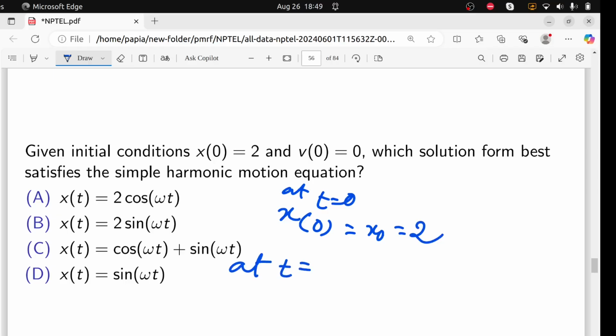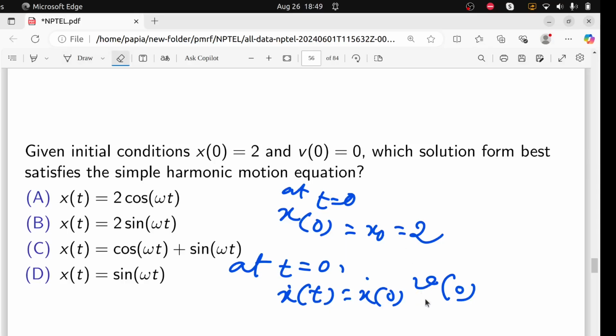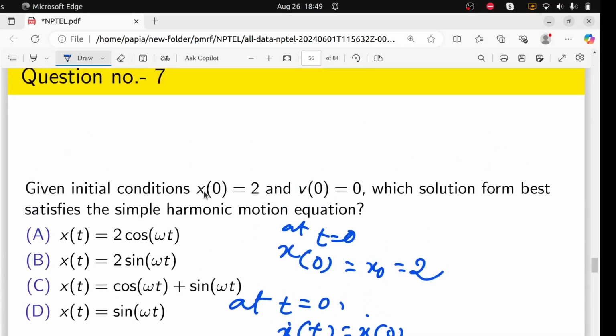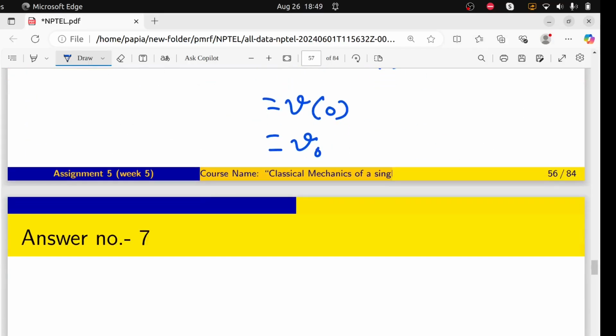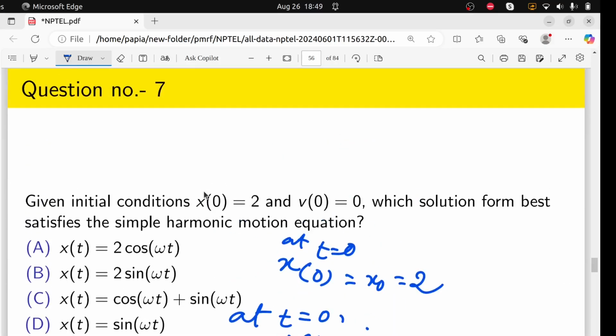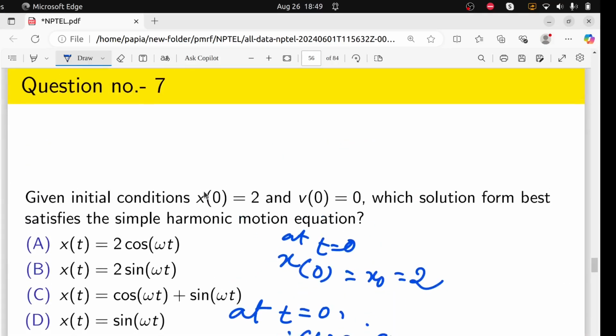At t equals 0, x dot 0 equals v0, and v0 is 0. So the solution form best satisfies the simple harmonic motion equation.